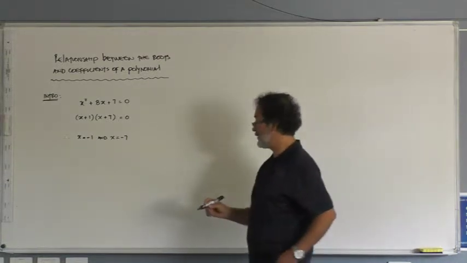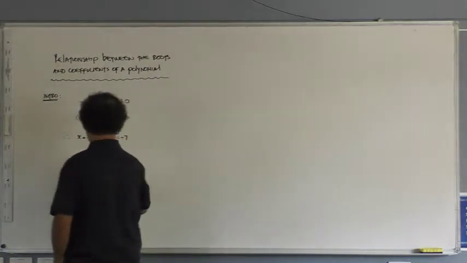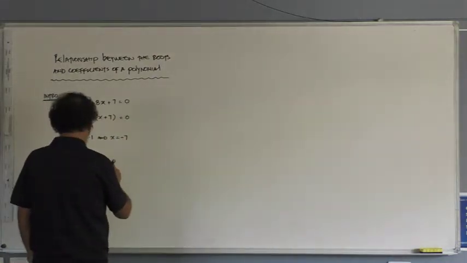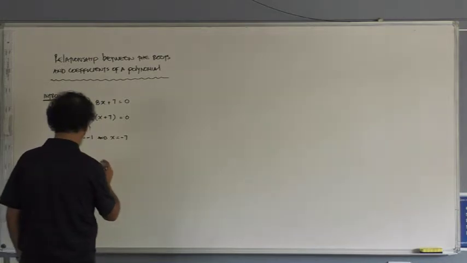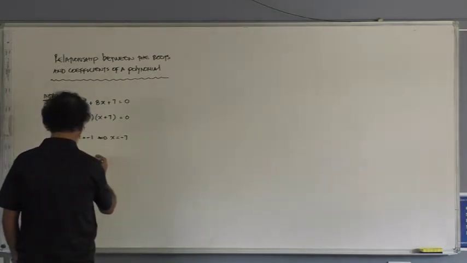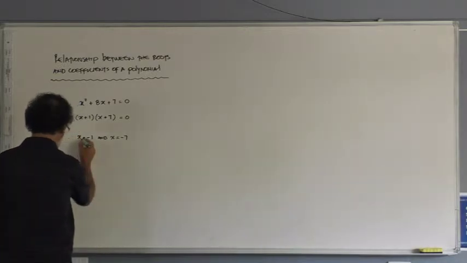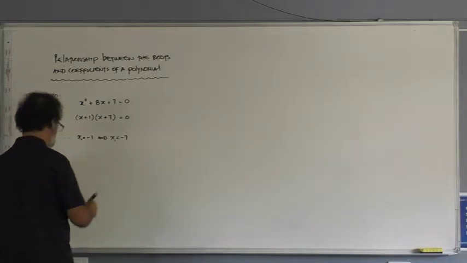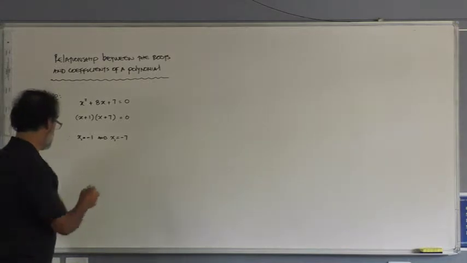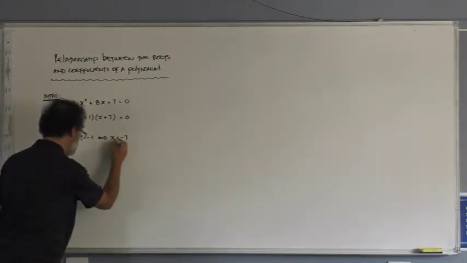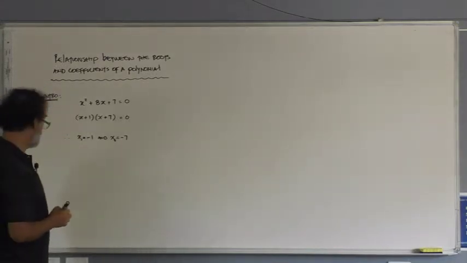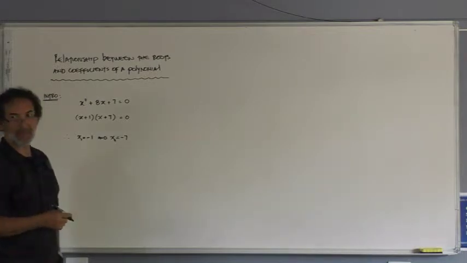And then what we are going to do is add these two solutions. I'm going to call this solution 1 and solution 2, so I'm going to call them x1 and x2, just to differentiate them.